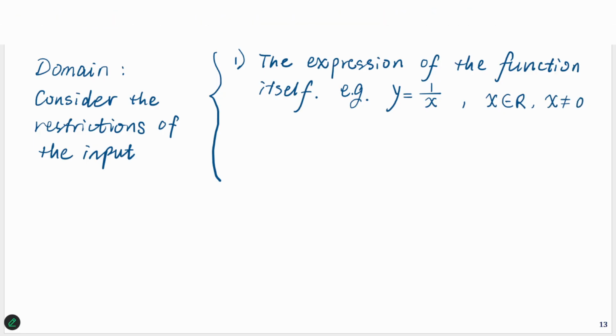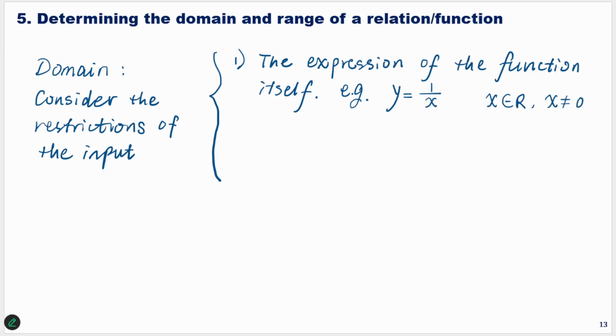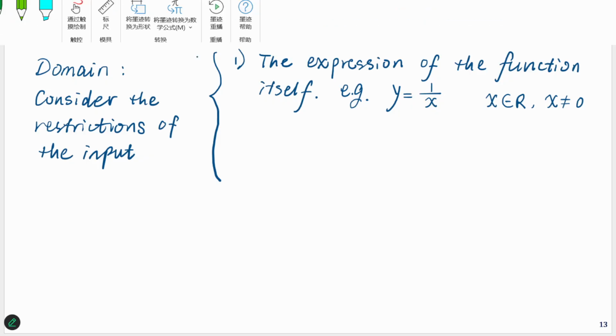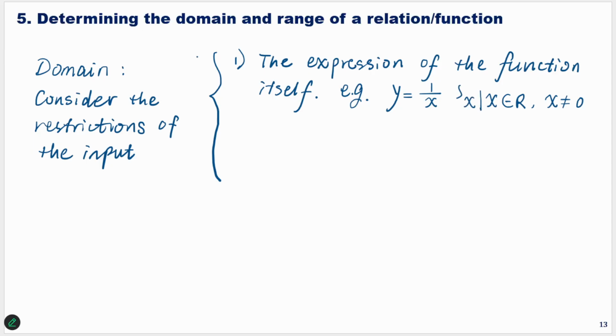Or strictly speaking, you should use a set notation here. So you could say this is a set of x such that x belongs to real numbers set and x is not 0. And for another example, if you have y equals the positive square root of x, then again, in the real number set, we do not take the square root of any negative numbers.